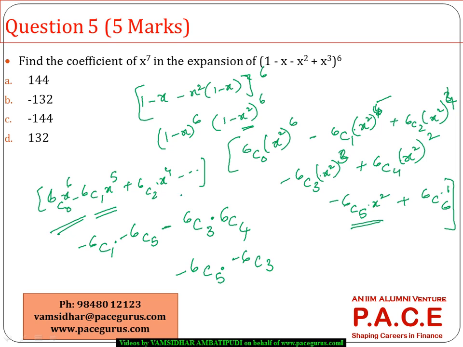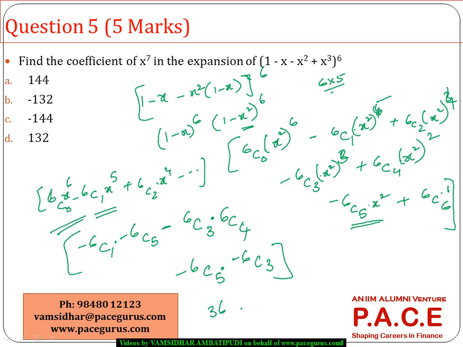So let's try out. These are the total things that could work out. So minus 6c1 into minus 6c5, 6 into 6, 36. 6c3 is 20, 6c4 is 15.